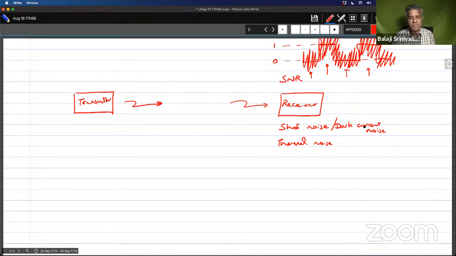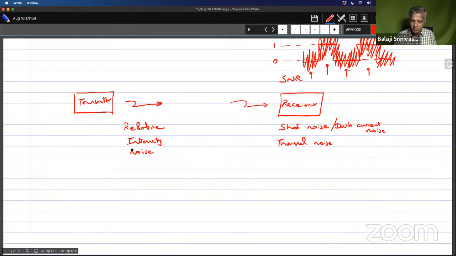Now, there could be some noise from the transmitter side also, and one of the key noise sources there is what is called relative intensity noise. So that is what I think the question is about. How is this relative intensity noise different from all these? All the other noise sources that we are discussing are at the receiver, but this is at the transmitter.